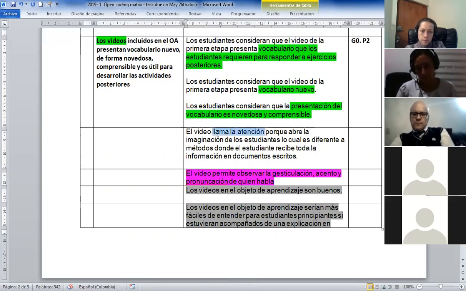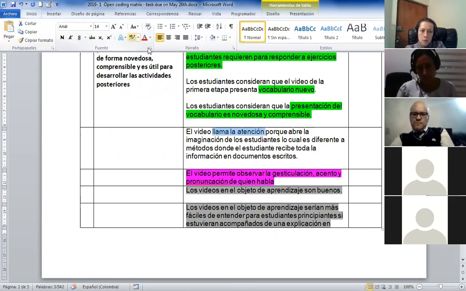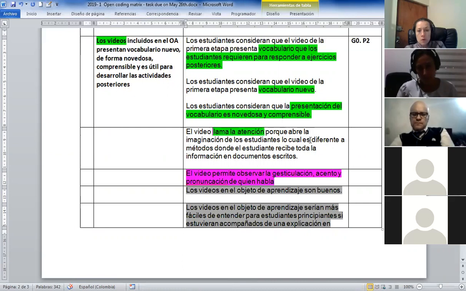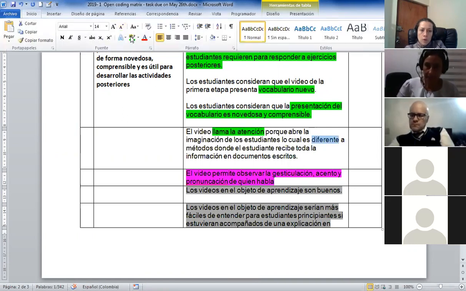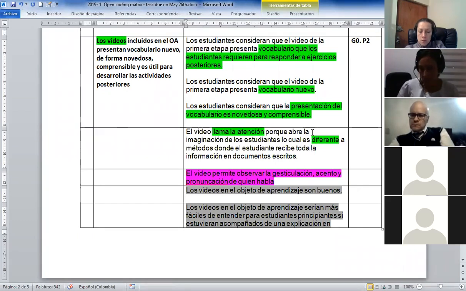Lo cual es diferente a métodos donde el estudiante recibe toda la información en documentos escritos. So that idea of being different is the same as the way to present vocabulary is new and comprehensible.